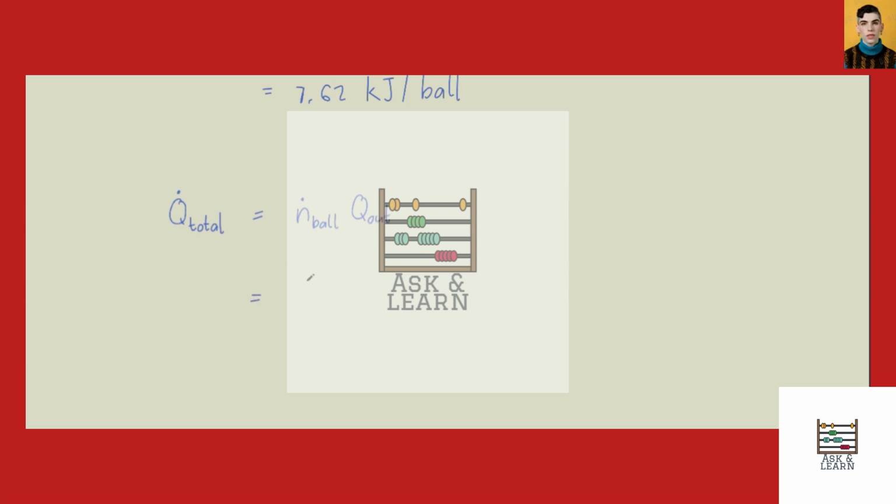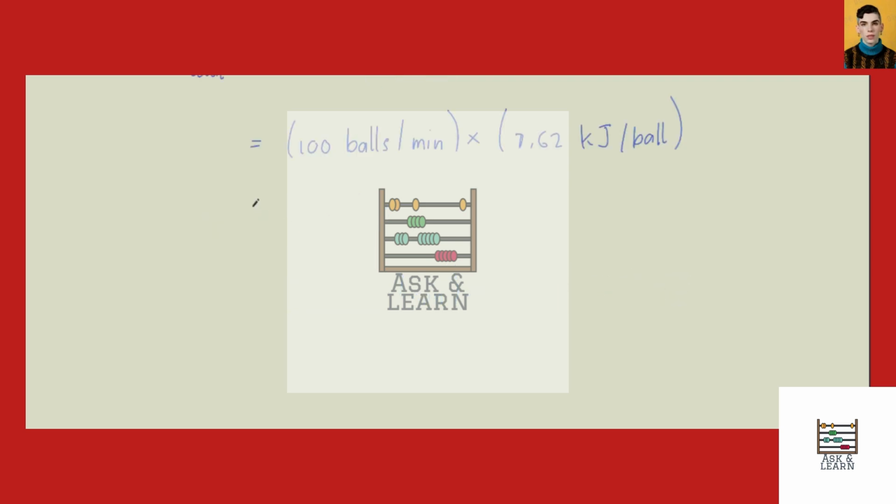And we know this rate is 100 balls per minute multiplied by Q from above, which is 7.62 kilojoules of heat energy transferred to the water per ball. Hence, we get the total rate of heat transfer from the balls to the water to be 762 kilojoules per minute.